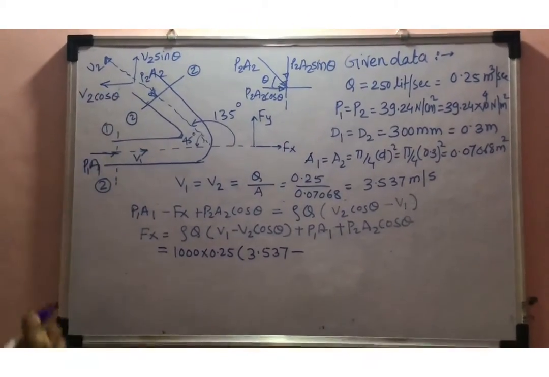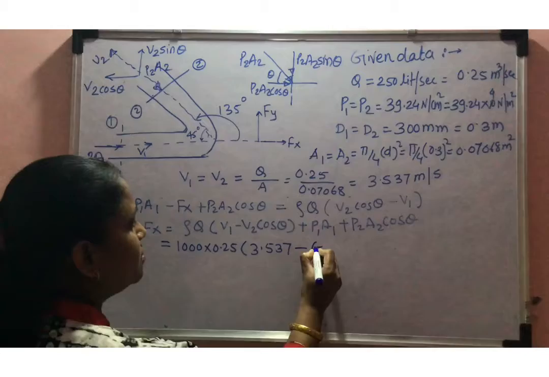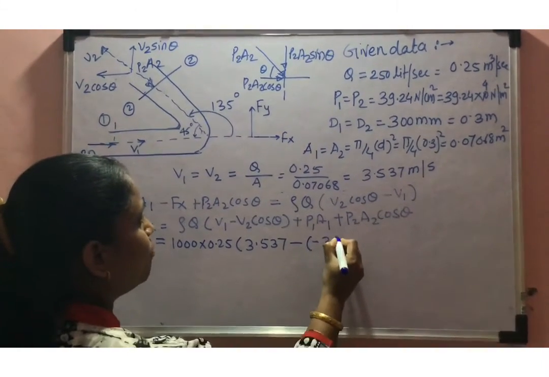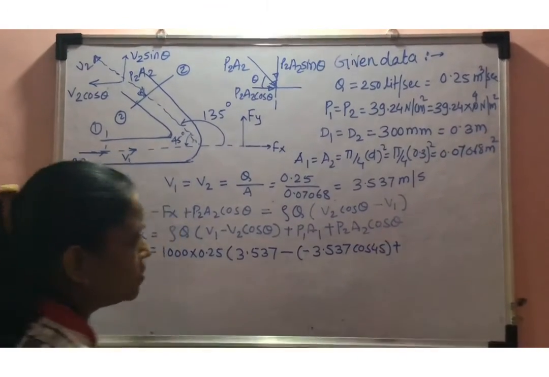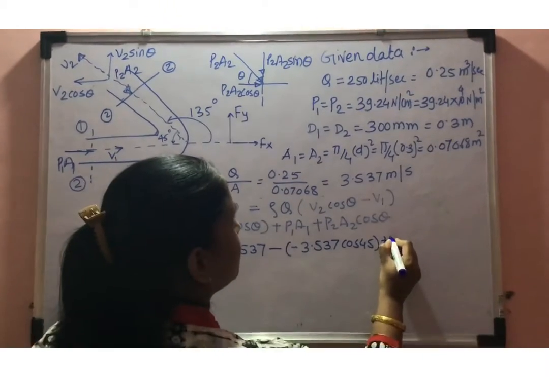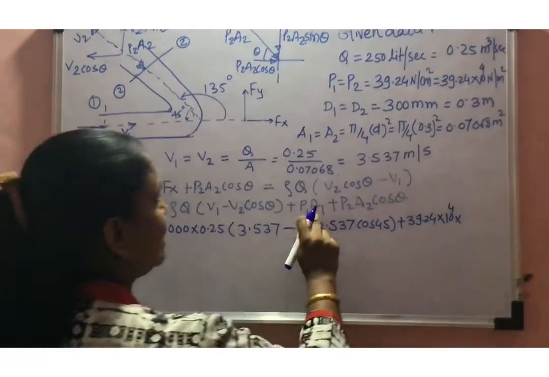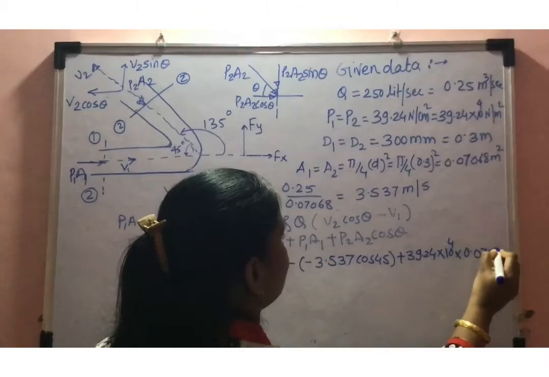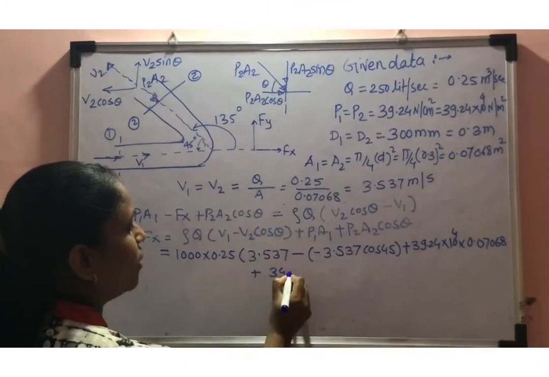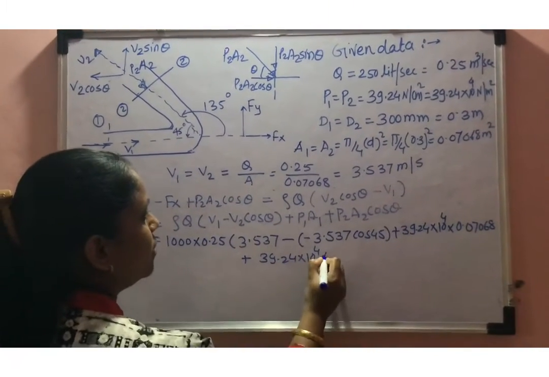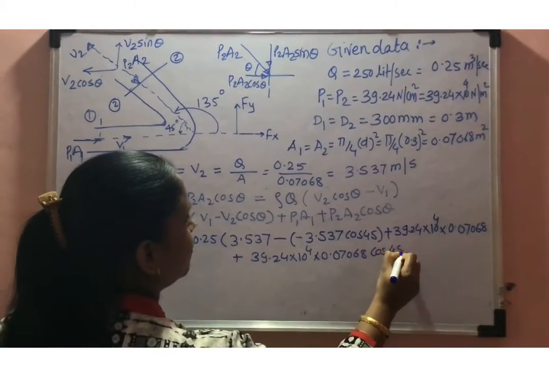V2 cos theta is in the opposite x direction, so we put minus V2, that is 3.537 cos 45, plus P1, that is 39.24 into 10 raised to 4 into A1, area 0.07068, plus P2, that is 39.24 into 10 raised to 4 into A2, again 0.07068 cos 45.